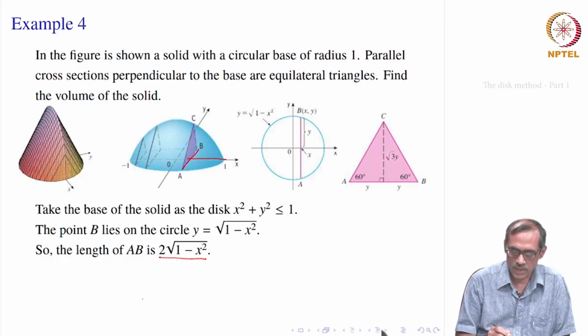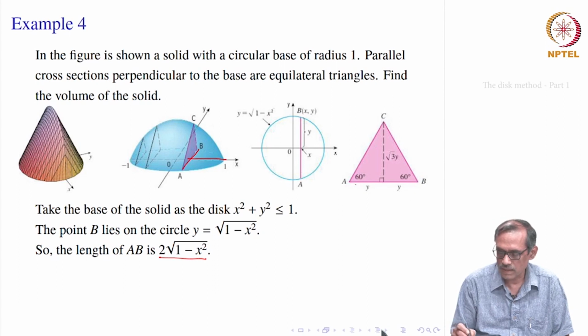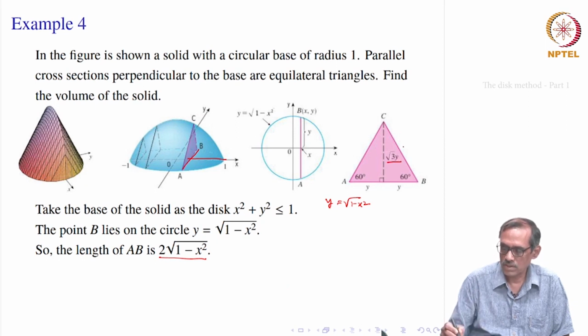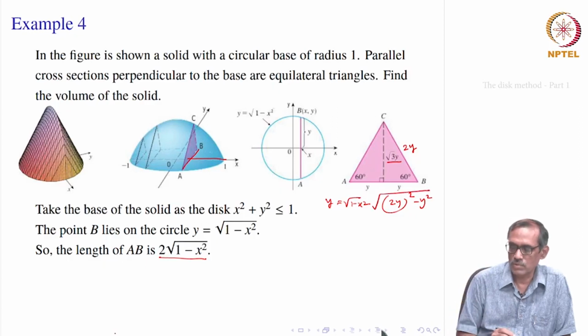Once the side of the triangle is 2 square root of 1 minus x square, we want to find its height. So, we come back to this pink picture. If this side is y, where y equal to square root of 1 minus x square, then its perpendicular length, because all the sides are same, will be root 3 times y, because this side is 2y. So, it is the square root of 2y square minus y square, that is equal to root 3 times y.